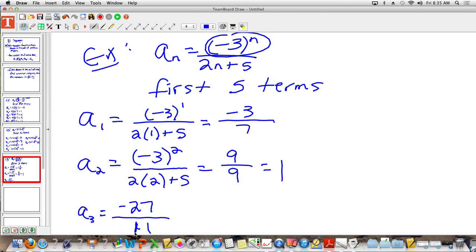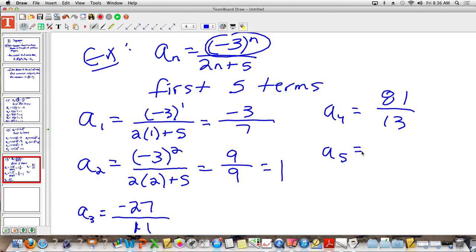Now to find the fourth term, just take the numerator, multiply it by another 3, but know that it has to be positive. In other words, take negative 27 and multiply it by negative 3. What is that? Positive 81. And then on the bottom, we have 2 times 4, which is 8, plus 5, which is 13. Do you guys see the pattern in the bottom? Yes.